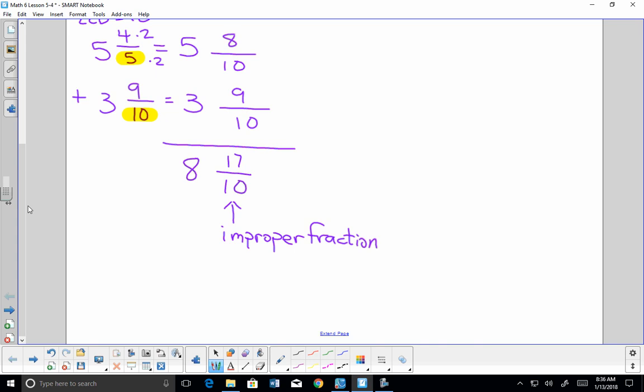So this becomes 8 plus, 10 goes into 17 one time with 7 left over, so 1 7/10. 8 plus 1 7/10 becomes 9 7/10, and that is the answer to my question. So 5 8/10 plus 3 9/10 is 9 7/10.